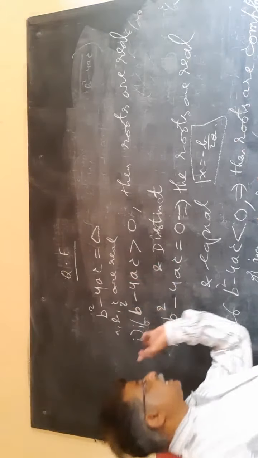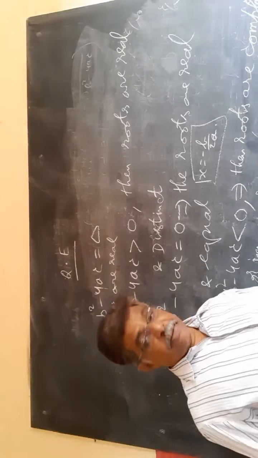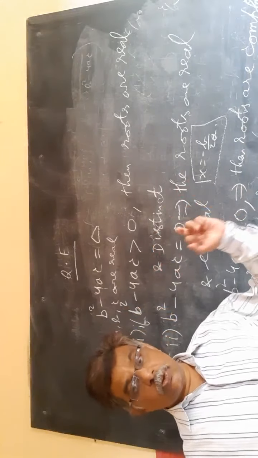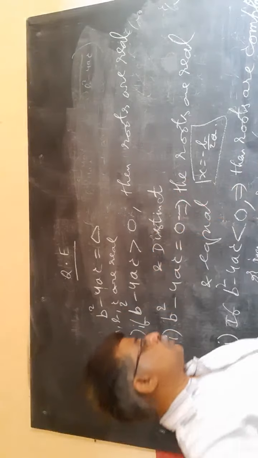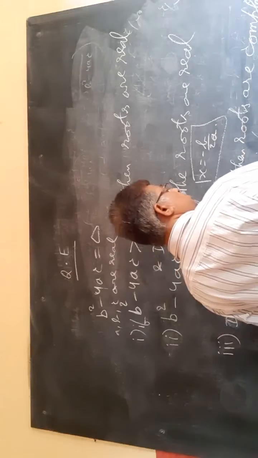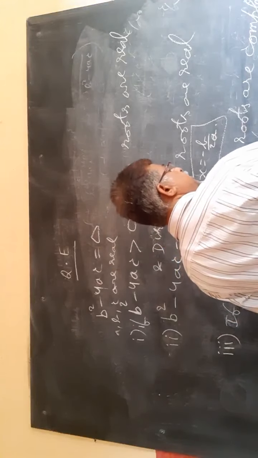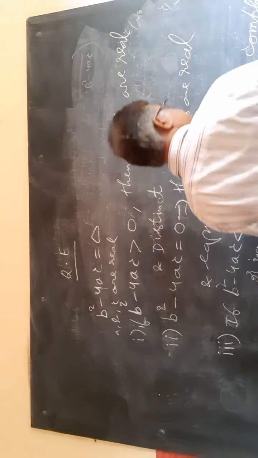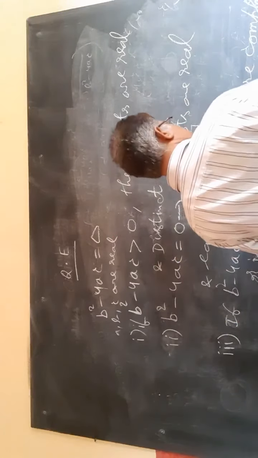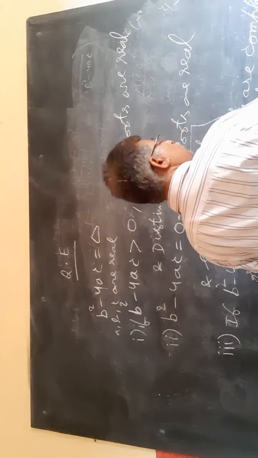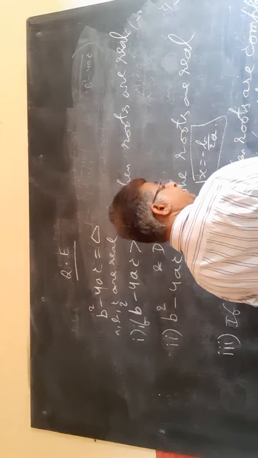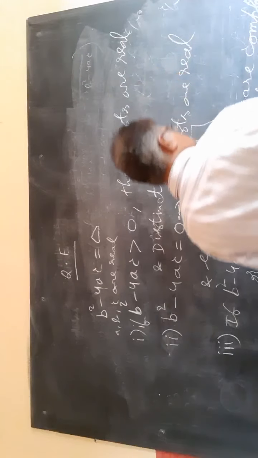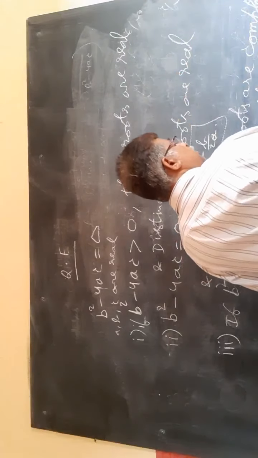If a, b, c are real and the roots are complex or imaginary, then both the roots are conjugate roots. Conjugate roots means if a plus ib is one root, then a minus ib is the other root.